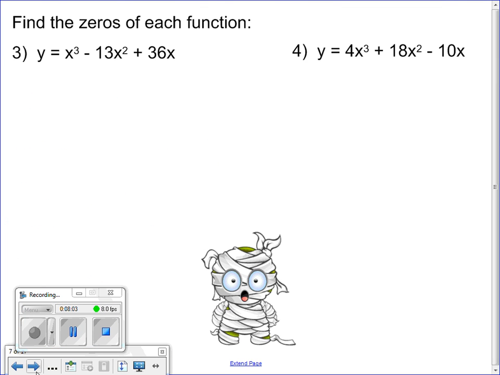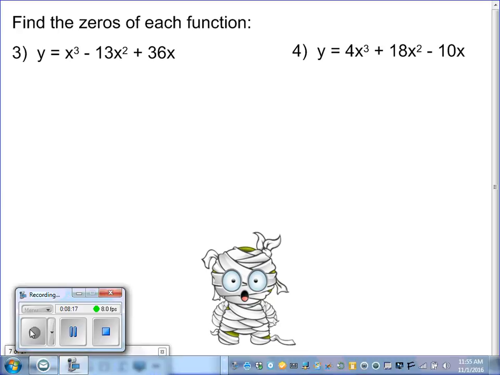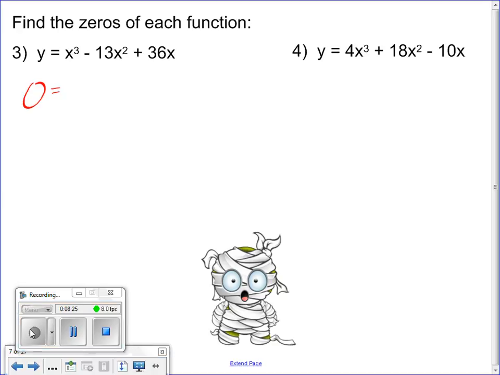All right, let's take a look at the next one. Find the zeros of each function. So find the zeros means set it equal to 0, and let's solve it. So I want you guys to try number 3 on your own. Let's see how we do. What's the first thing you did? Put a 0 in for y, and then you factor. Good.